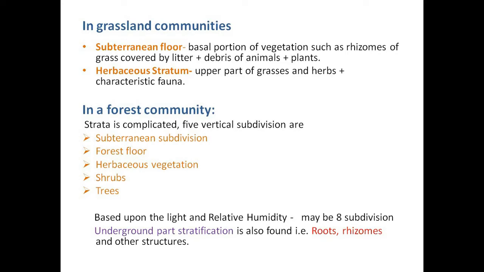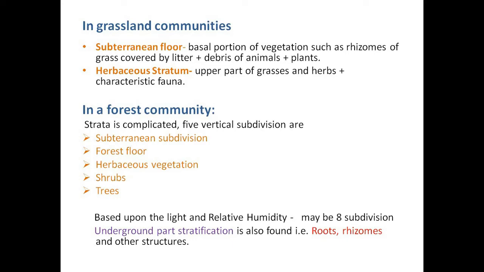And in a forest community, which is very large, the strata is complicated. In general, 5 vertical subdivisions are there. The lowermost is the subterranean subdivision, then the forest floor, that is the earth surface, then herbaceous vegetation, means herbs, grasses and everything, then shrubs, means undershrubs, shrubs and large shrubs, and then trees.